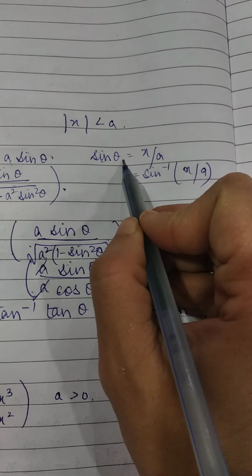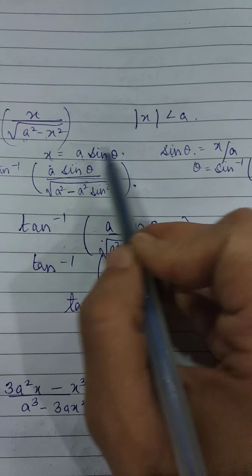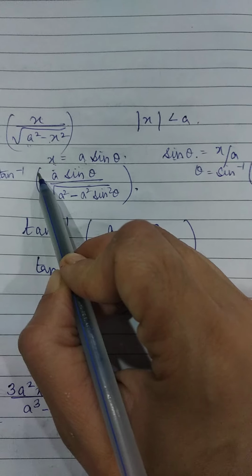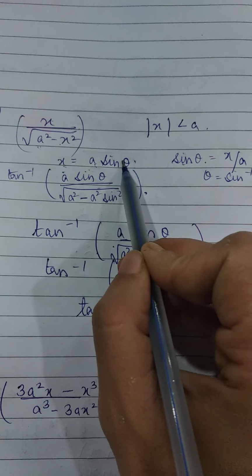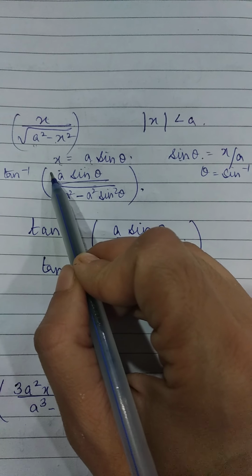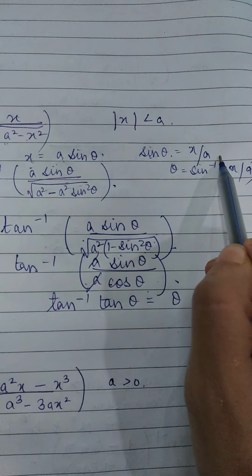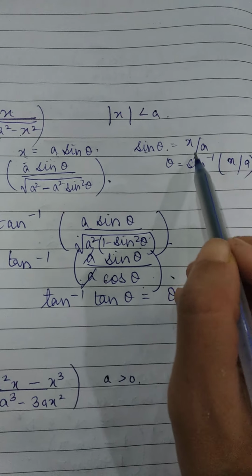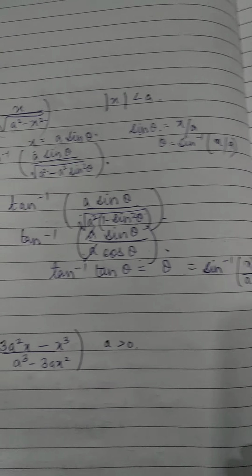So just see the substitution we have made. x is a sine theta, so sine theta is x upon a. We have to go step by step. It does not become a sine inverse x. No, first of all you take this term down, so cross multiply. Then we are left with sine theta here. Then theta is equal to sine inverse x by a. I hope it's clear, students.